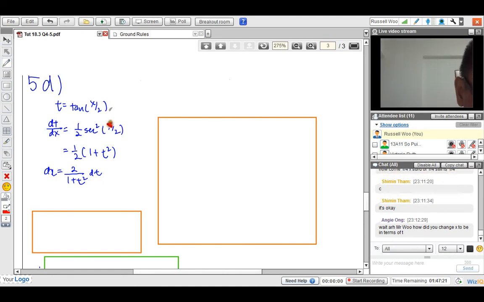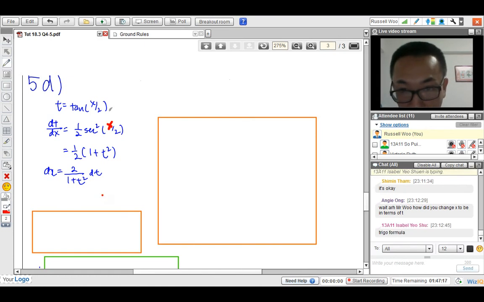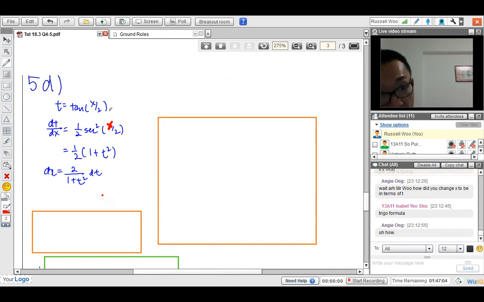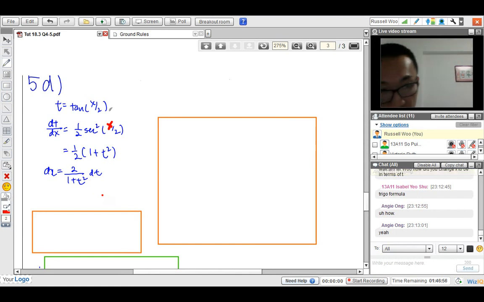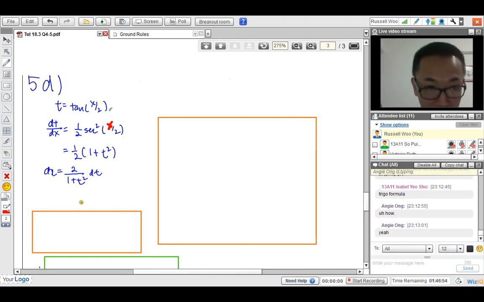Is it a how or is it a why question? Yeah, Isabel answered the question. Secant square is 1 plus tangent square. Correct? Good. So now we've settled this.